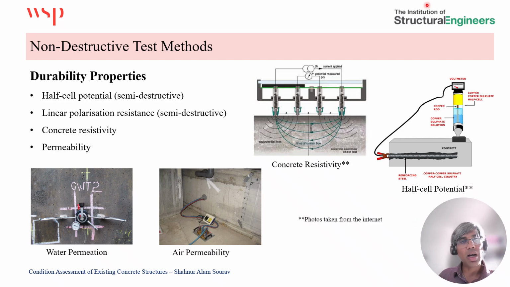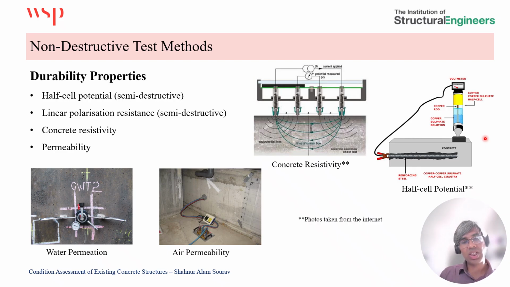A half cell potential is a non-destructive electrochemical method that we use to evaluate the corrosion probability, I should say active corrosion probability, in the steel reinforcement that is present within the concrete. It measures the electrical potential difference between the internal concrete and a standard reference electrode that is placed onto the surface of the concrete. Here, concrete acts as an electrolyte.